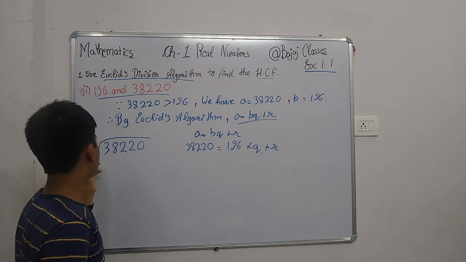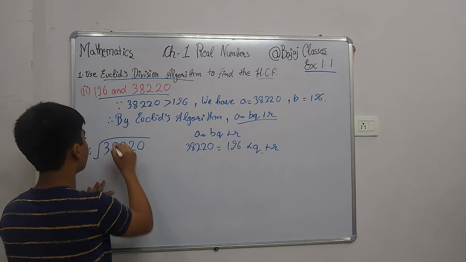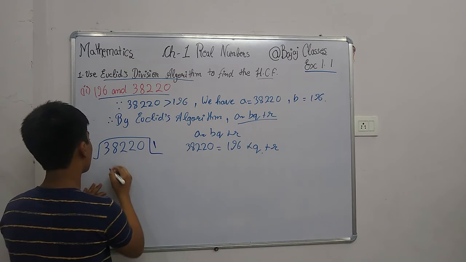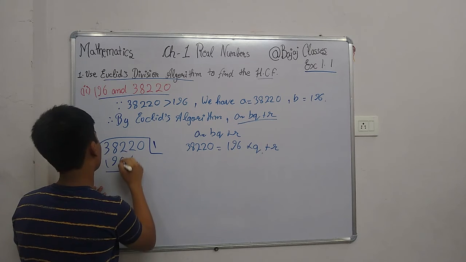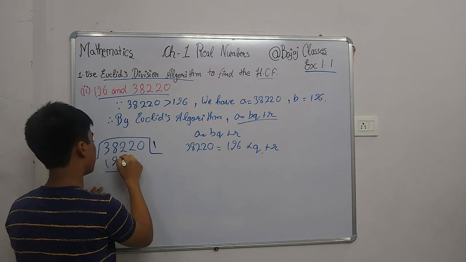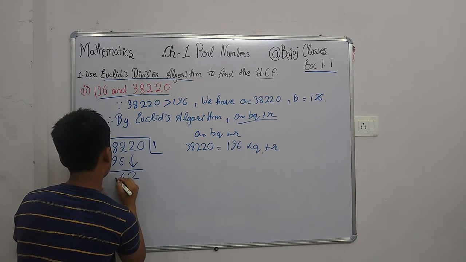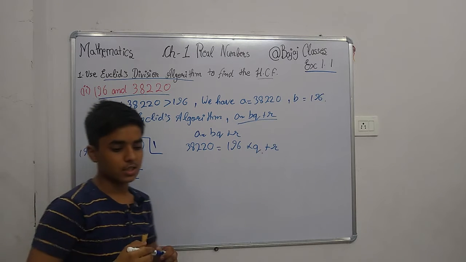If you multiply 196 by 2, it will be a higher term, so we will multiply it by 1. So it will be 196, and subtracting, we get 1862.